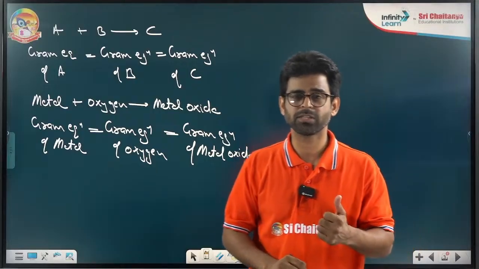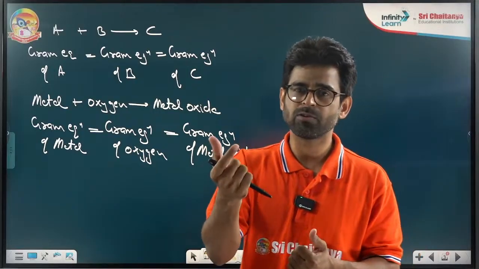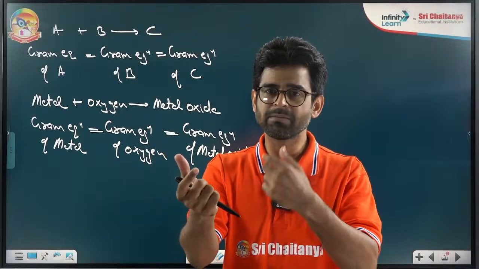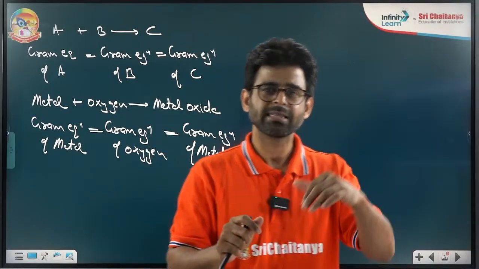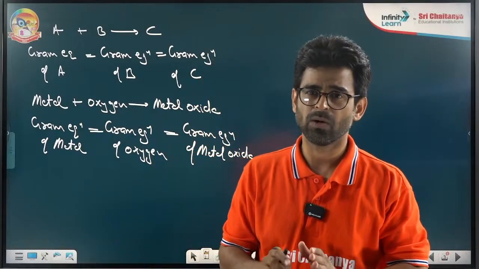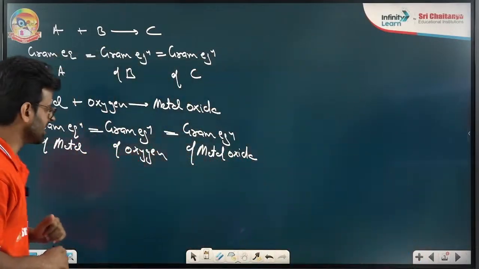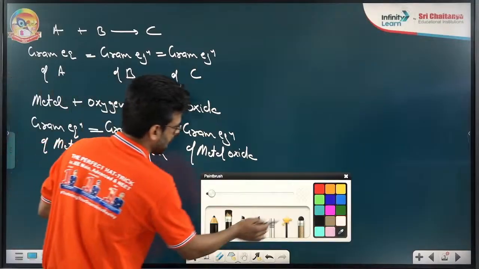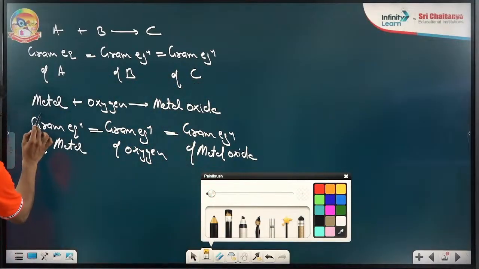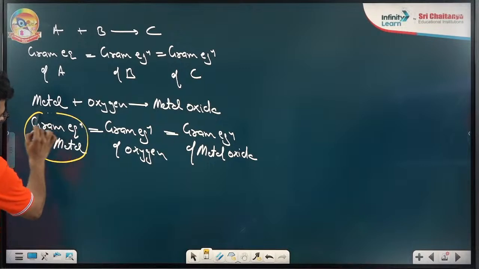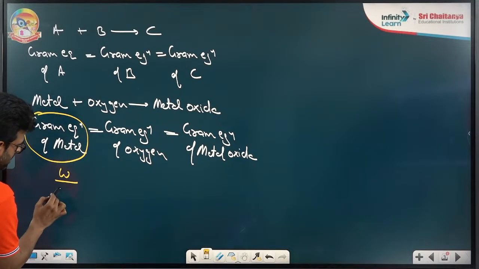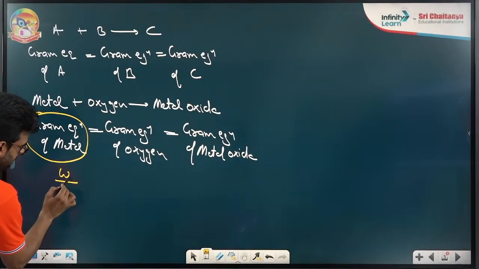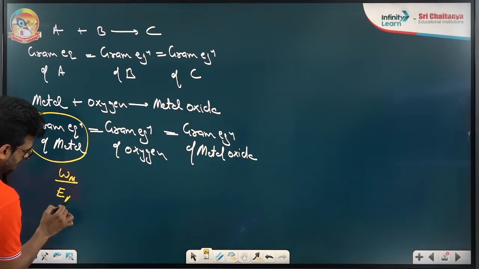Like in the previous question, I told you this much amount of metal is combining with this much amount of oxygen, and it will make some amount of metal oxide. Tell me one more thing, beta: how do we find the gram equivalent? We find weight divided by equivalent weight. So the gram equivalent of metal is the given weight of metal divided by the equivalent weight of metal.